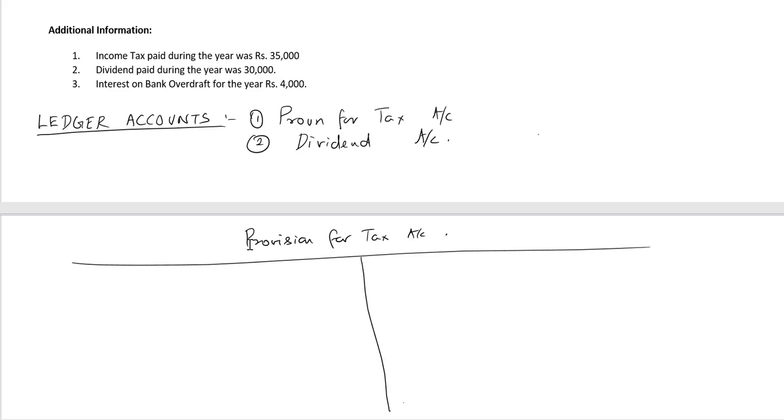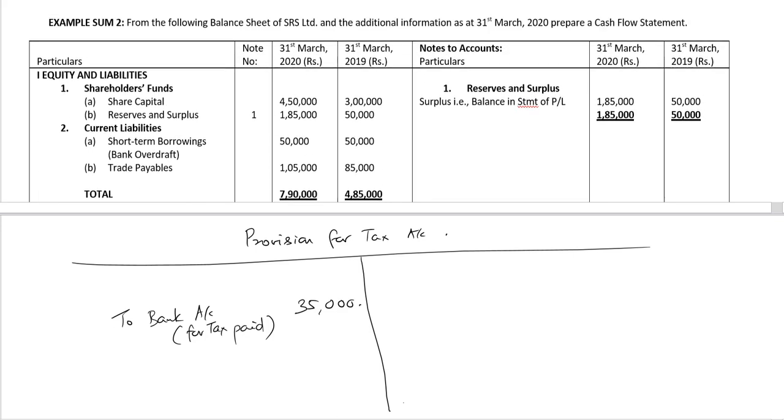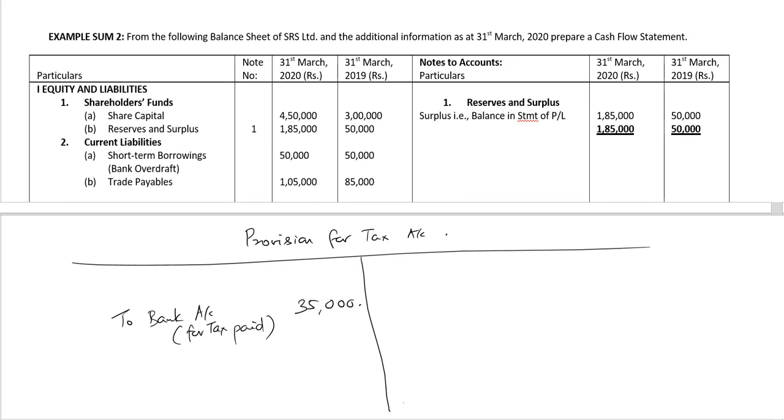Provision for tax account. As per additional information 1, the income tax paid during the year was rupees 35,000. So to bank account for the tax paid, is 35,000 rupees. Now there is no other information regarding the tax.